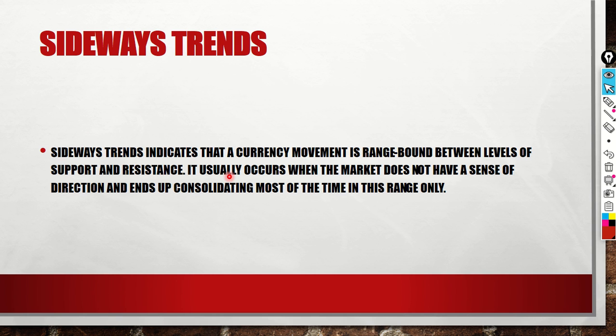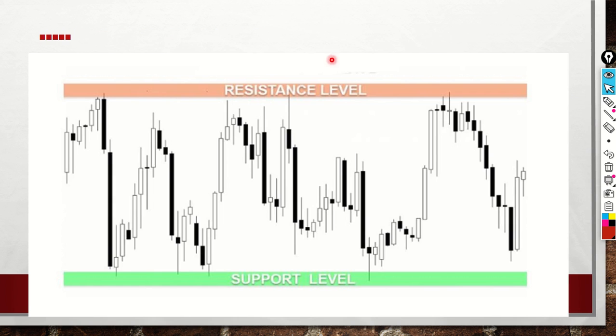It usually occurs when the market does not have a sense of direction and ends up in consolidation most of the time in this range only. There's nothing like the market does not have a sense of direction. What it simply means when the market is sideways is that the dealer is collecting contracts. I'll tell you more about that. Okay, so let's see an example of a sideways market.